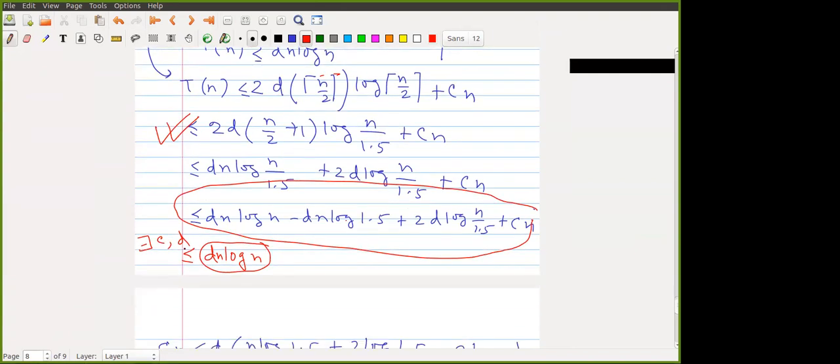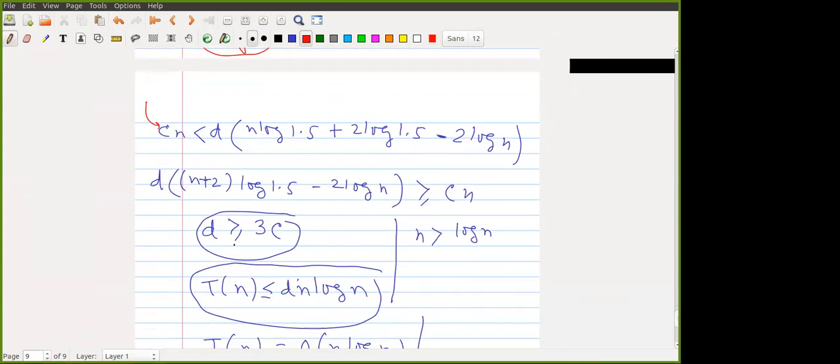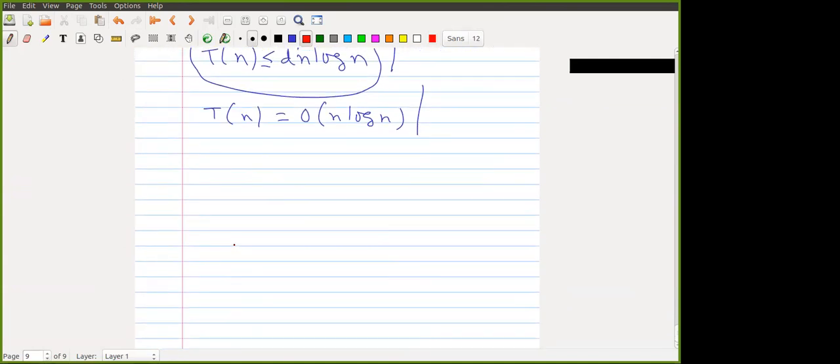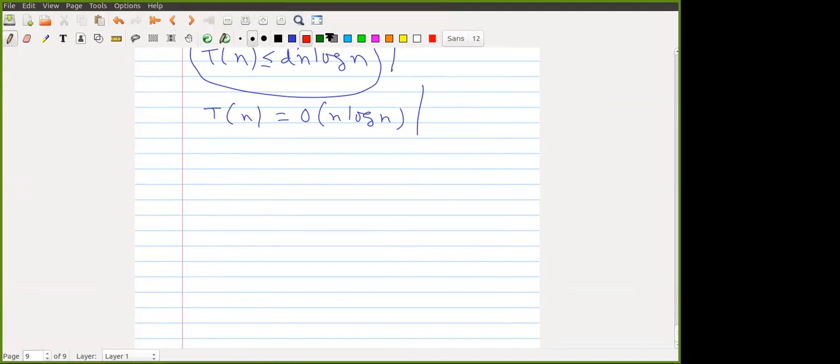Since we need a relation between C and D, I have put them in two separate parts, one on the LHS and one on the RHS. So we did that. Is this okay? Hello? Please speak up. If you have any doubt, please just shout out, okay?